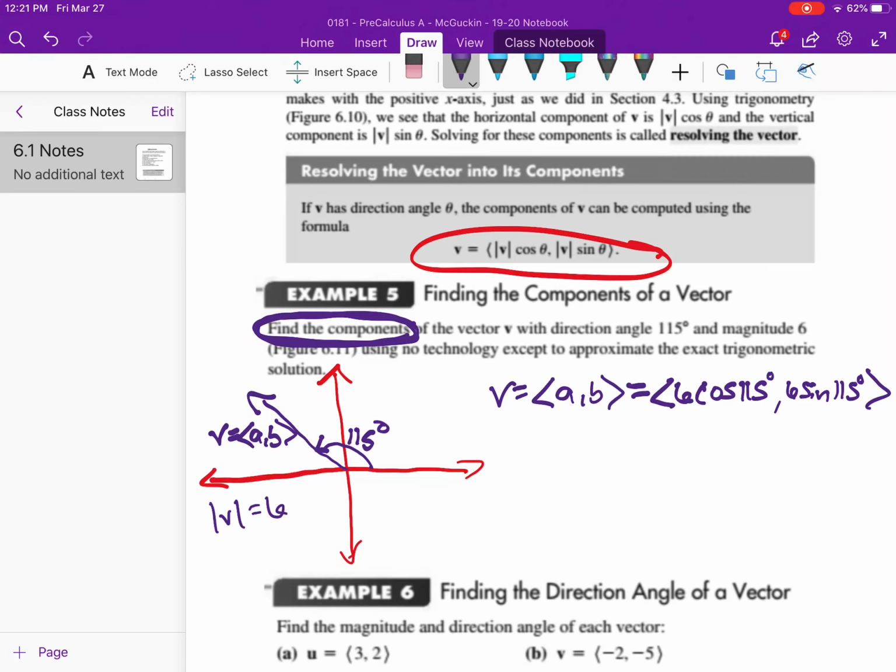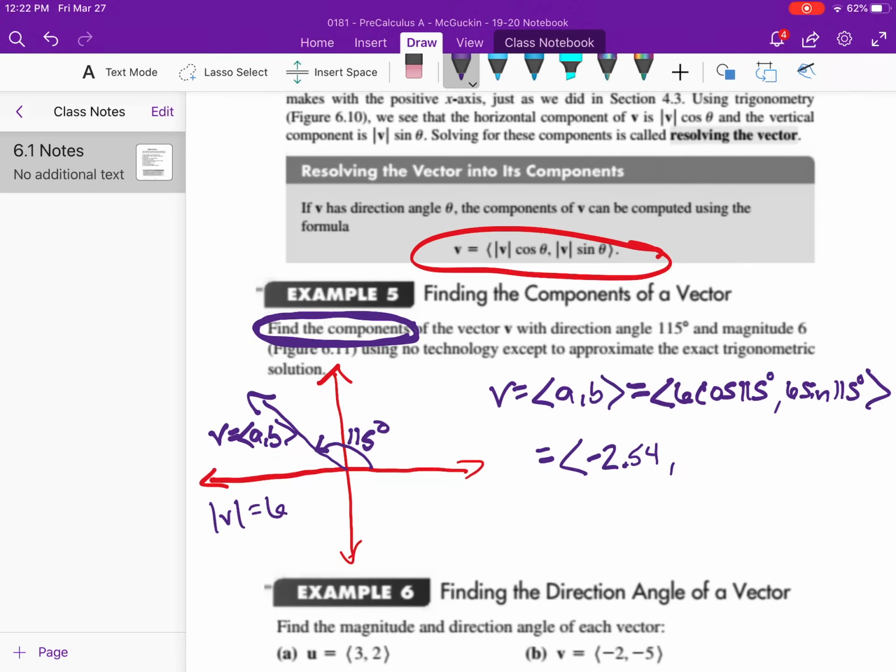Ultimately, we can now use a calculator to identify that when you multiply 6 times the cosine of 115, you get roughly negative 2.54.